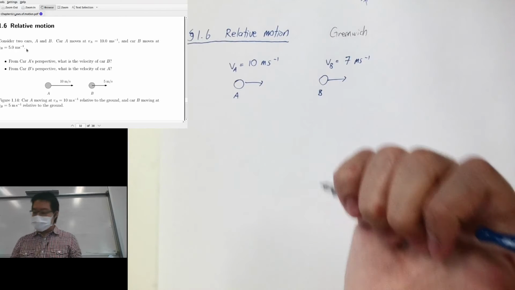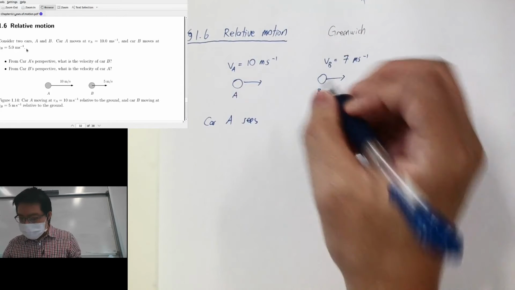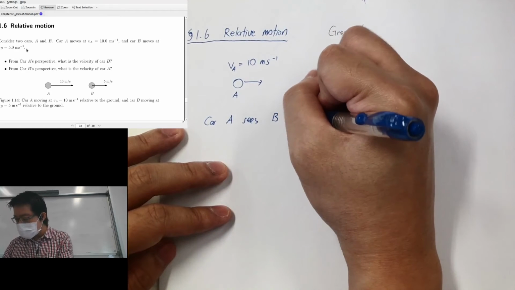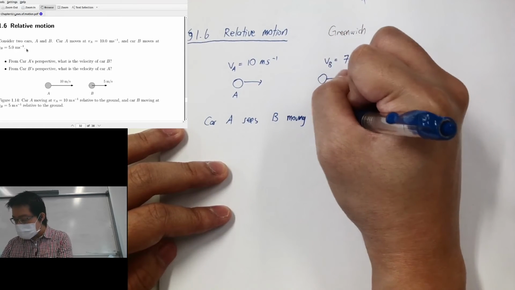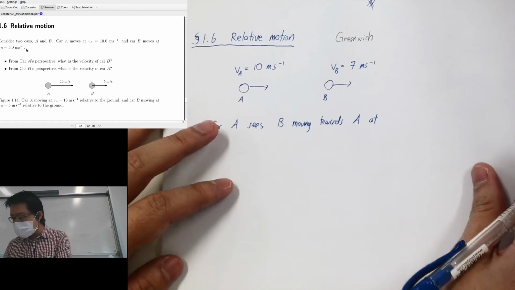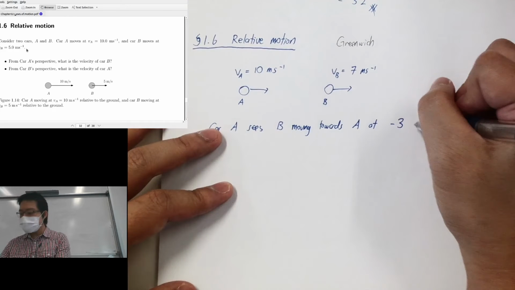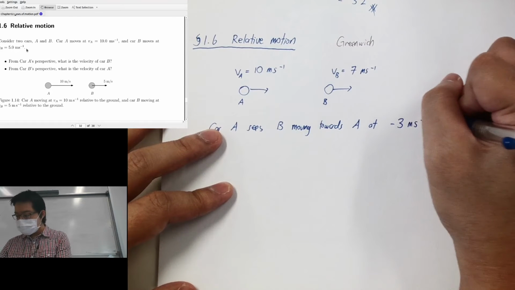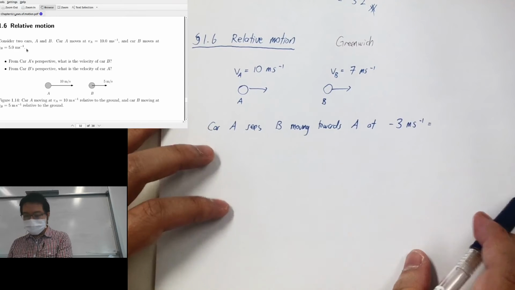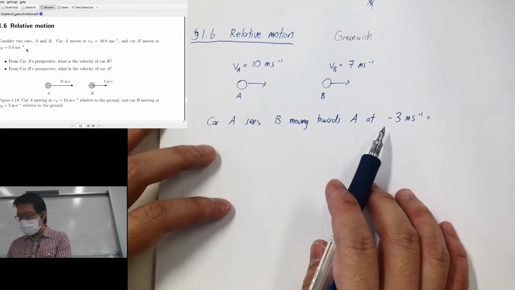Okay, so what I'm trying to say is car A sees B moving towards A at 3 meters per second, it should be -3, right? It's coming this way. B is already moving towards A, so it's still -3. It already has a direction, moving towards.